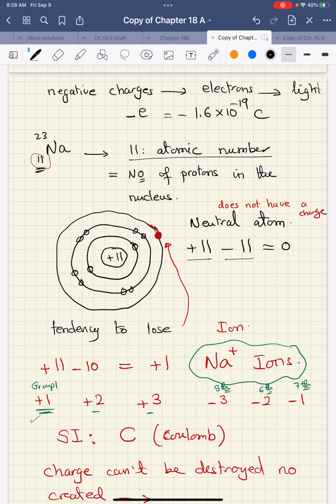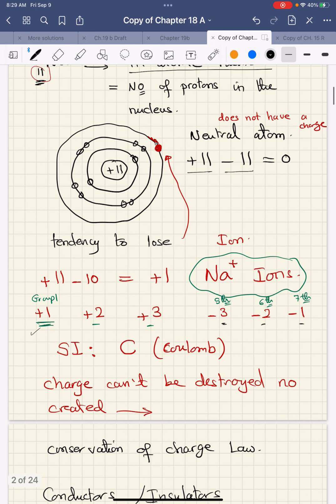For the third, again, it has the tendency to lose 3, then plus 3. When we move to the fifth group, it has the tendency to gain 3 electrons, therefore negative 3. For the sixth, gain 2 electrons, negative 2. For the seventh, gain 1 electron, which is negative 1.